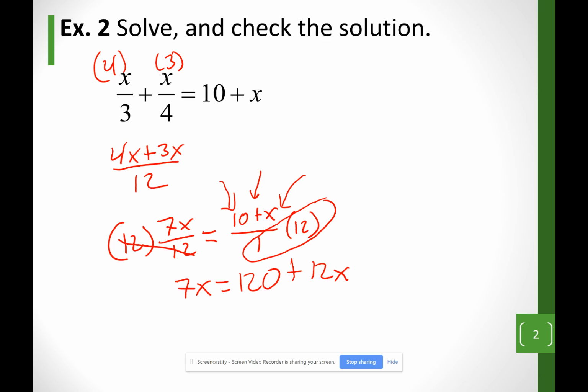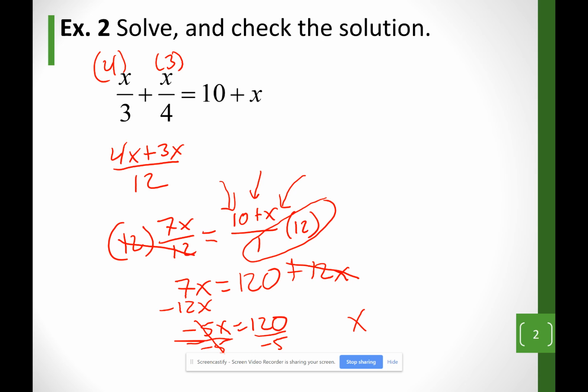Okay. So I have 7x equals 120 plus 12x. I have x's on the left, so let me move this 12x to the left as a minus 12x. So 7 minus 12, that is negative 5x, is equal to 120. Let me divide both sides by a negative 5 to get the x by itself.